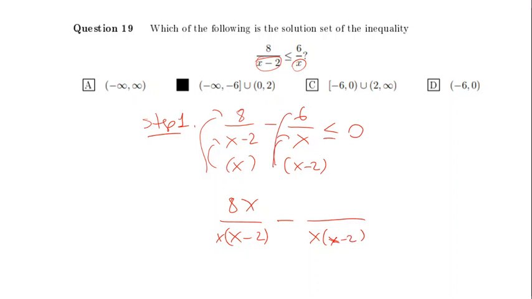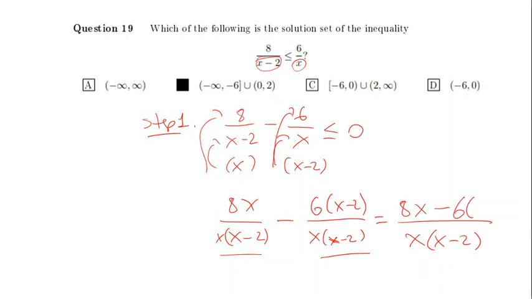Then 6 times x minus 2, which is equal to, you can combine them now, x times x minus 2, and 8x minus 6 times x minus 2. If you do this calculation here, you will get negative 6x plus 12, and this makes 2x plus 12.